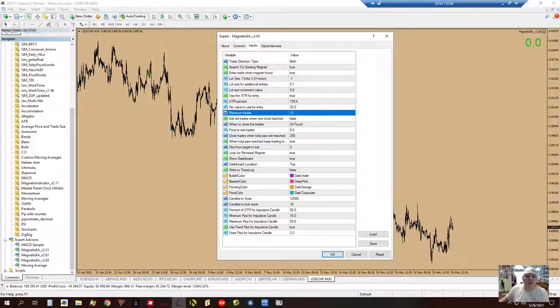So like if I go to Bitcoin, I do a 250, 300% ADR or ATR. And so it's going to be a long way down before it comes to the 10. And the reason I did these two here, which I don't normally use these features anymore, is that this next one is exit old trades when new levels reached.